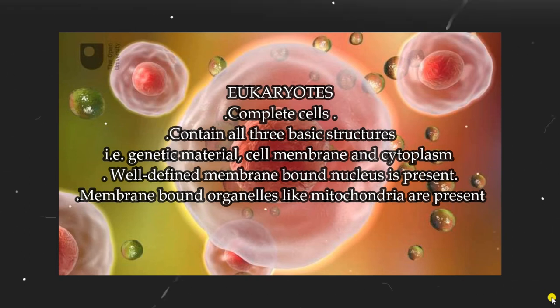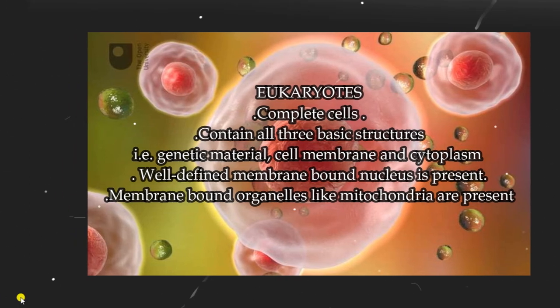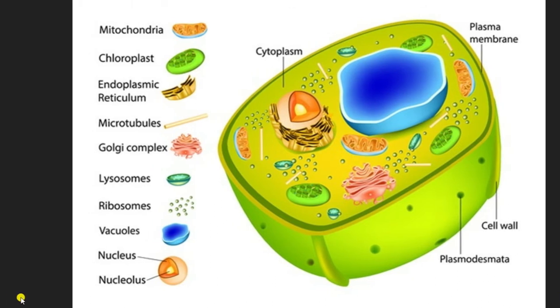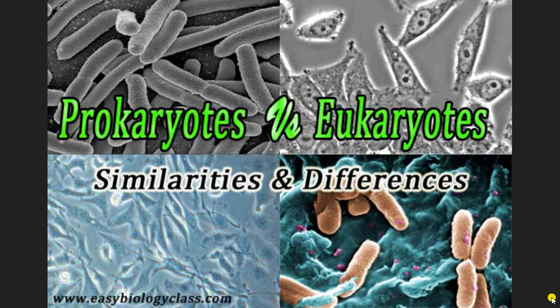This kind of cell is found in unicellular and multicellular plants and animals both. And then the plasma membrane is there, then nucleus, DNA, and the cytoplasm with ribosomes, and the mitochondria will also be there. Now here we will study the differences between the prokaryotic cell and the eukaryotic cell.